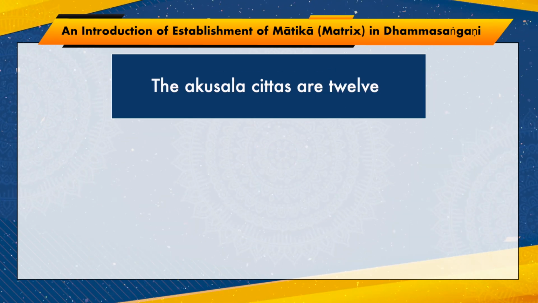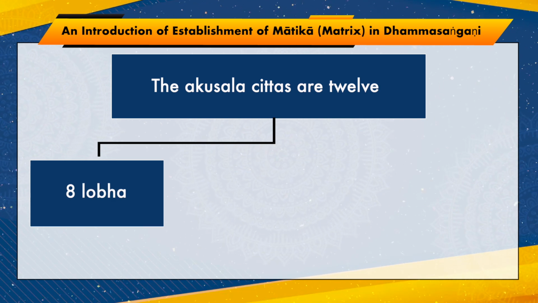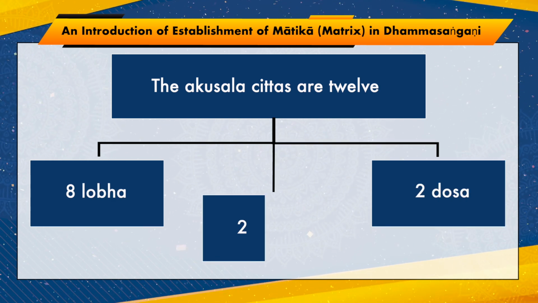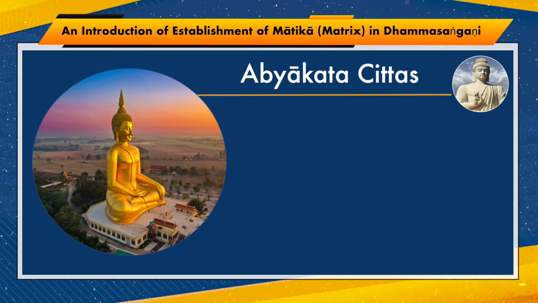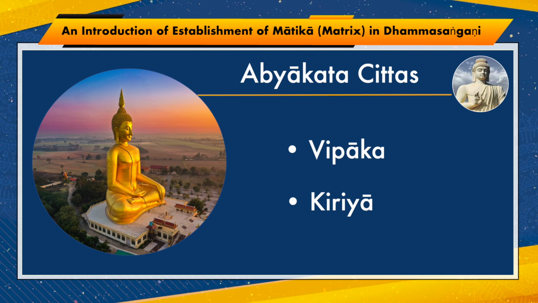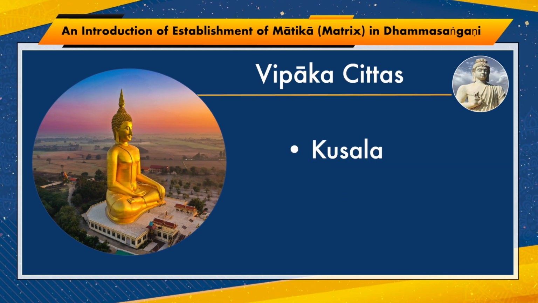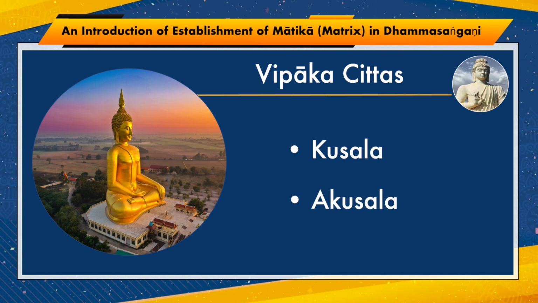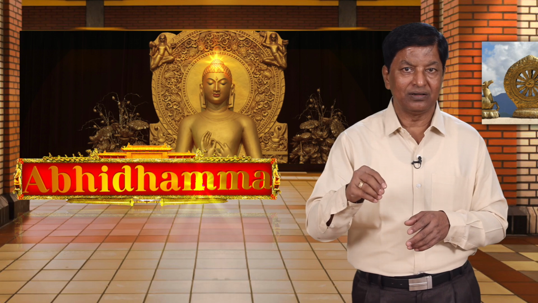The Akusala Chittas are 12, divided into 8 Lobha, 2 Dosa and 2 Moha. The Abhyakat Chittas are divided into two classes of Vipak and Kriya. The Vipak Chittas are further divided into Kusala and Akusala. Each of them arises on an object.